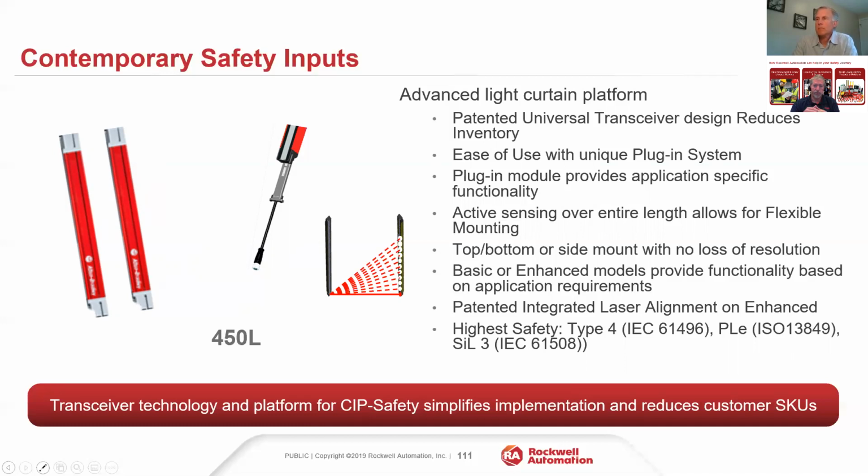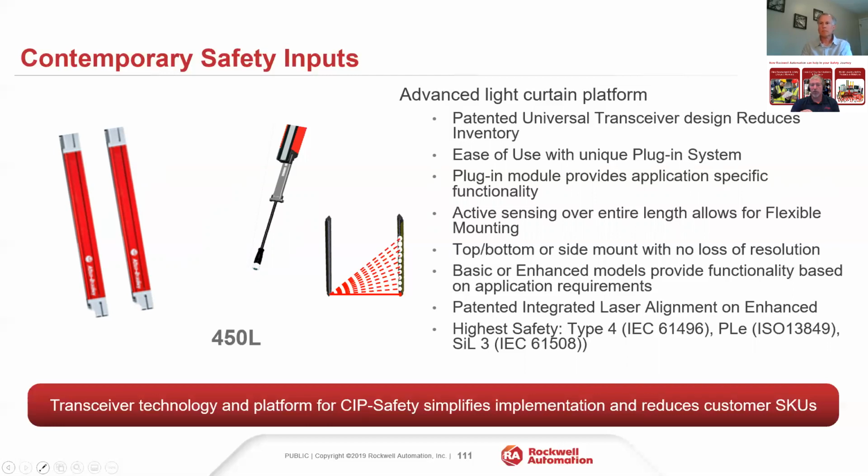There's a basic version for on-off only. That's a very simple kind of product. And then there is an enhanced solution that provides the built-in laser alignment tool, the ability to do blanking, muting, etc. And this platform is really where we talked about on that first slide, that CIP safety light curtain that's on the horizon.